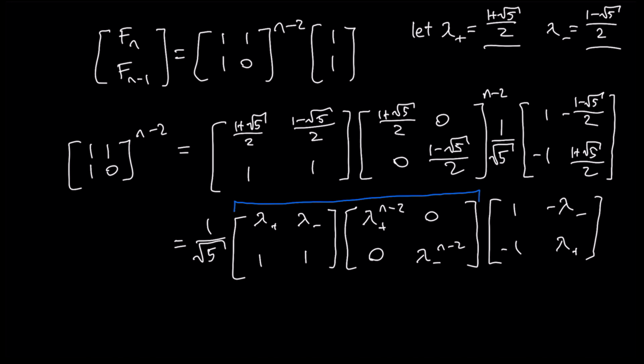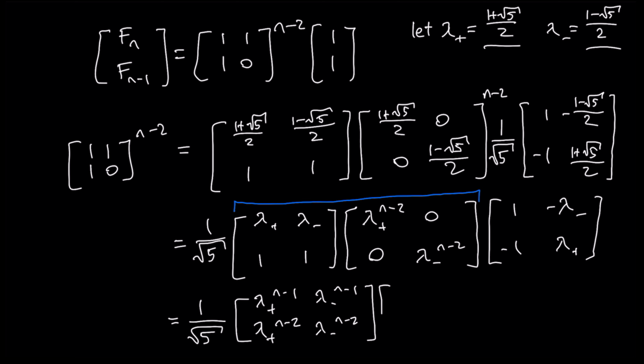And I get 1 over the square root of 5 outside of, let's do this matrix multiplication, I get lambda plus to the n minus 1, and then lambda plus to the n minus 2, and for my next entry, lambda minus to the n minus 1, and lambda minus to the n minus 2. And then that's going to be multiplied with S inverse, which is 1, minus lambda minus, and lambda plus.